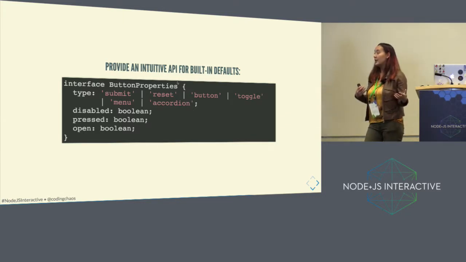An accordion button should not allow pressed equals true or false because it's not a toggle button. If you have type equals accordion and open true, then you can make certain assumptions and apply certain elements in a way that's intuitive for the developer using your element, and also grants you a certain amount of control as to what actual attributes end up on your button.